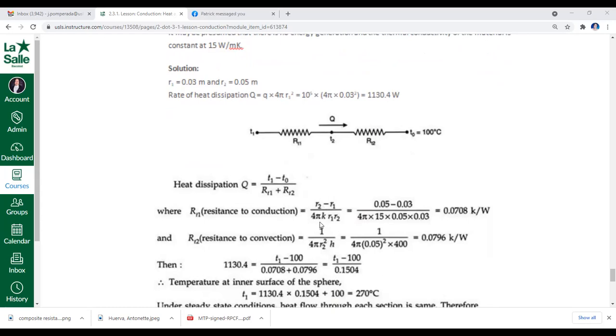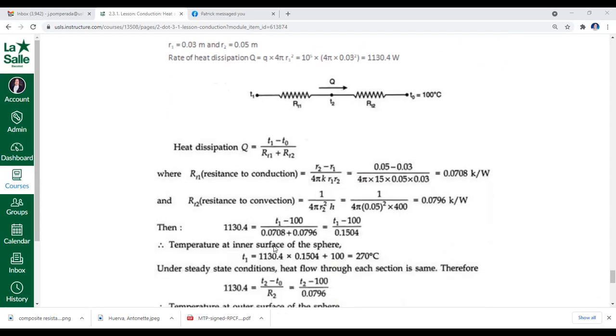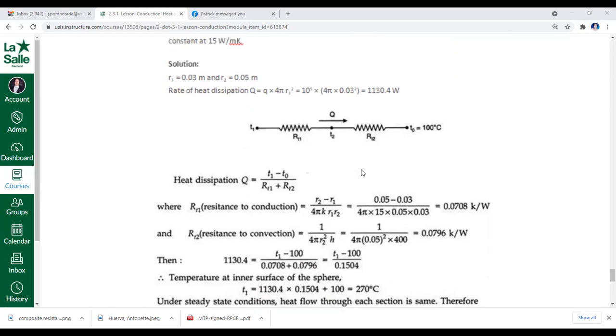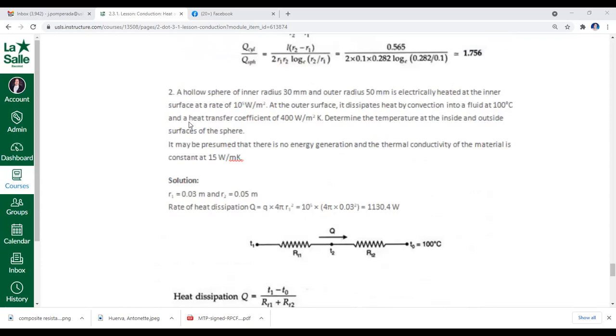So you have 4 pi k r sub 1 r sub 2. So we have already the conductive resistance. As for the convective resistance of the film of fluid on the outer surface of the sphere, that would be given by this formula: 1 over pi r sub 2 squared times the heat transfer coefficient that is given in the problem. So this is given actually in the problem, the heat transfer coefficient.